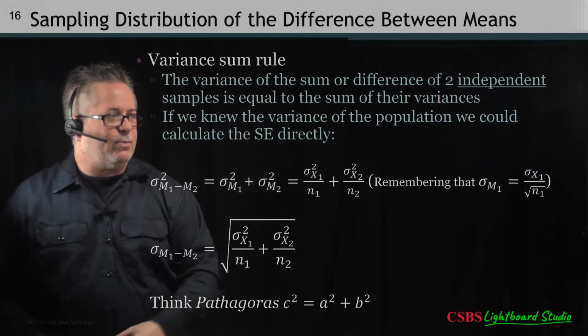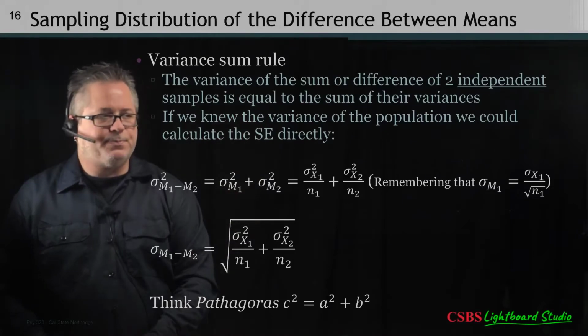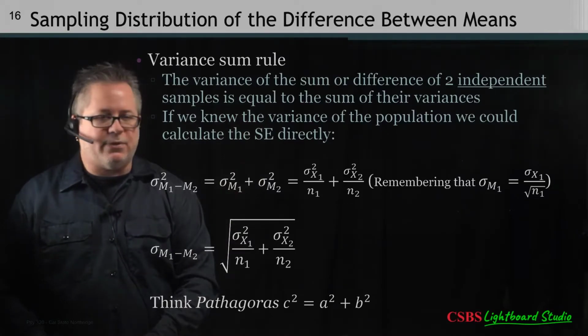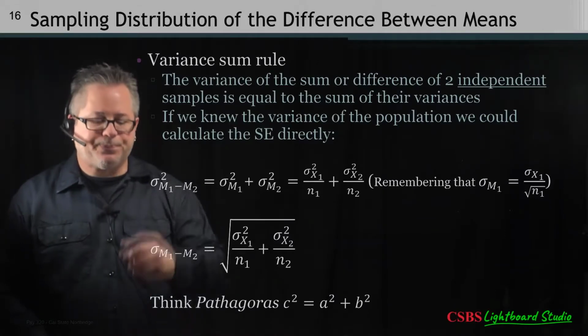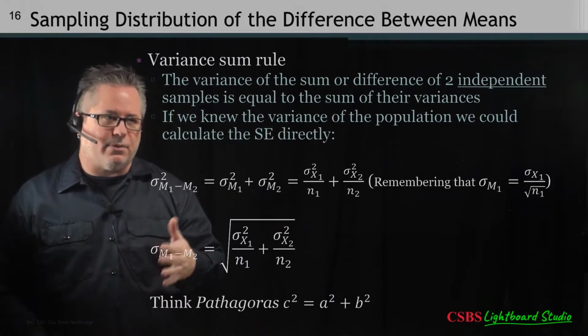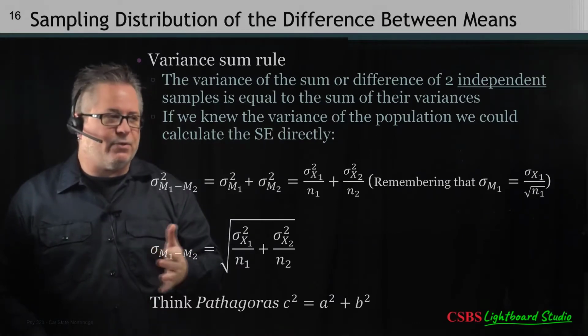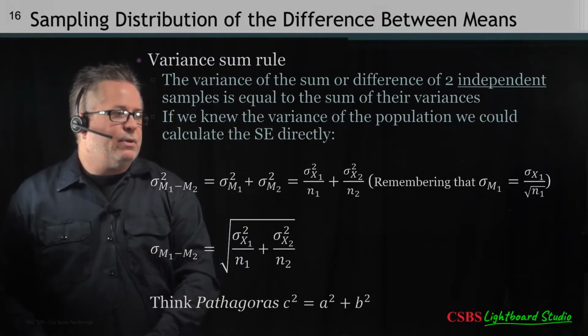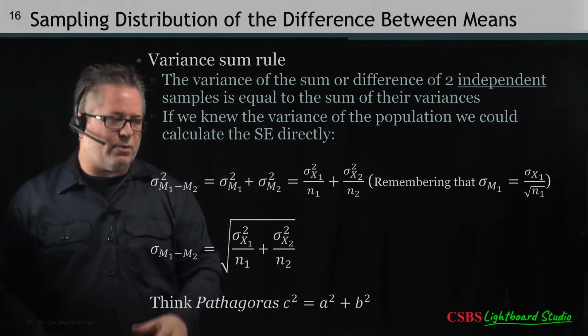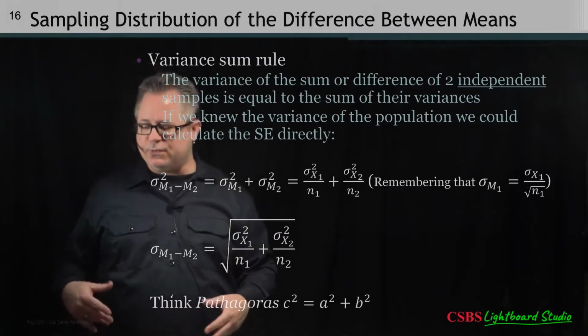The variance of the sum or difference of two independent samples is equal to the sum of their variances. This is true whether you're adding two variables together or subtracting them. The resulting variance is going to be the two variances added together, which by itself isn't super useful, at least for right now.